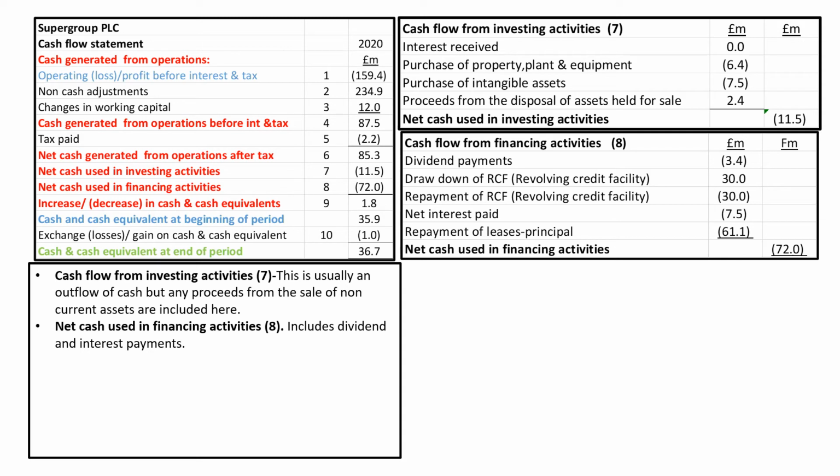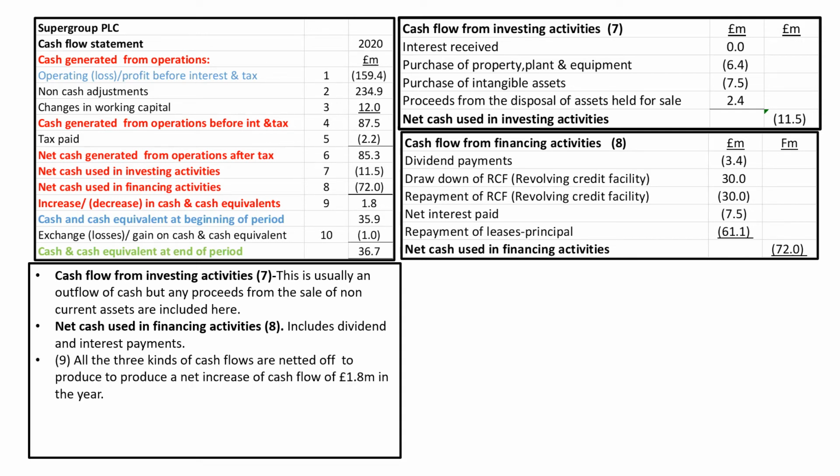There was the drawdown of cash from the bank, as I said, similar to an overdraft, where there were more payments than receipts, and therefore there was an arrangement that the bank will extend a credit of 30 million, and which they did, and at some point later they repaid it back, and it was an outflow of 30 million. Net interest paid was an outflow of 7.5 million, and the repayment of lease principals, so the capital element, was an outflow of 61.1 million, giving us a net cash used in financing activities of 72 million.